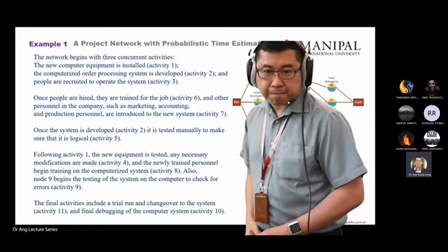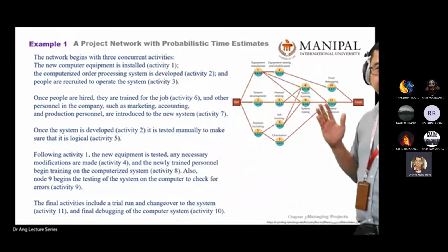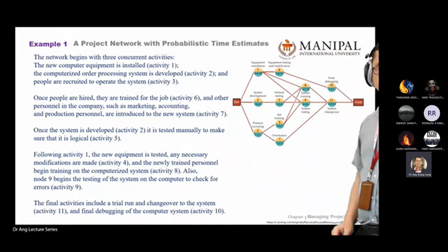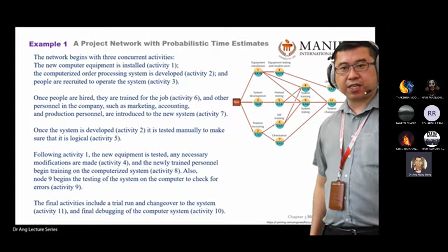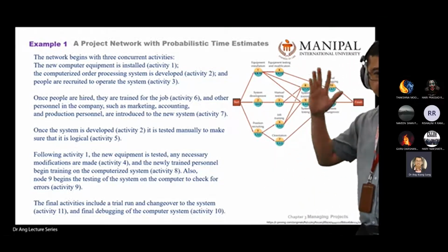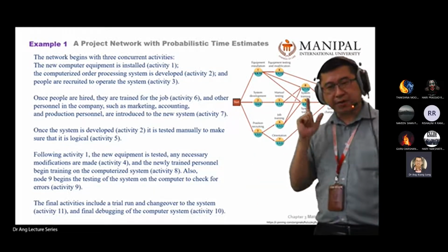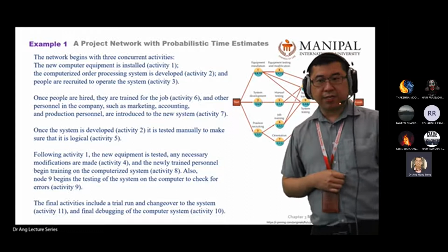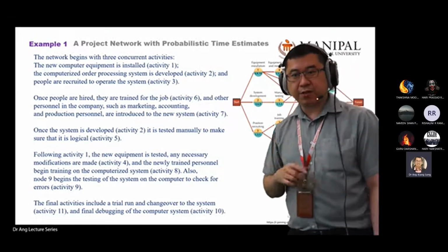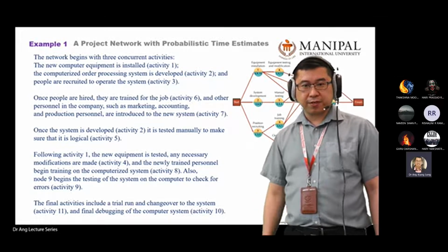The rest of this page is more about explaining the activities. Basically, you have 10 activities, which is a very busy, I cannot say complex, but a very busy network, compared to the 7 activities, the 7 steps, that we discussed previously in building a house. So here we have 10 different activities.